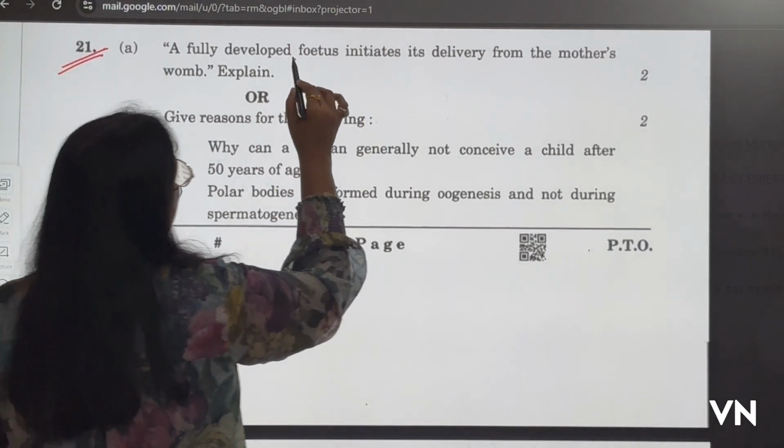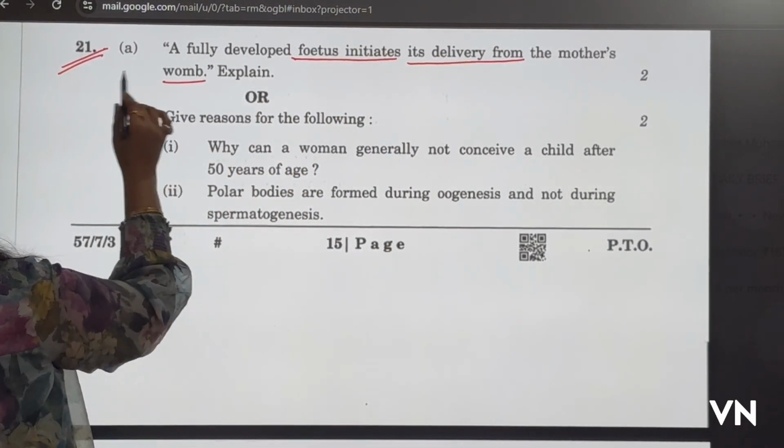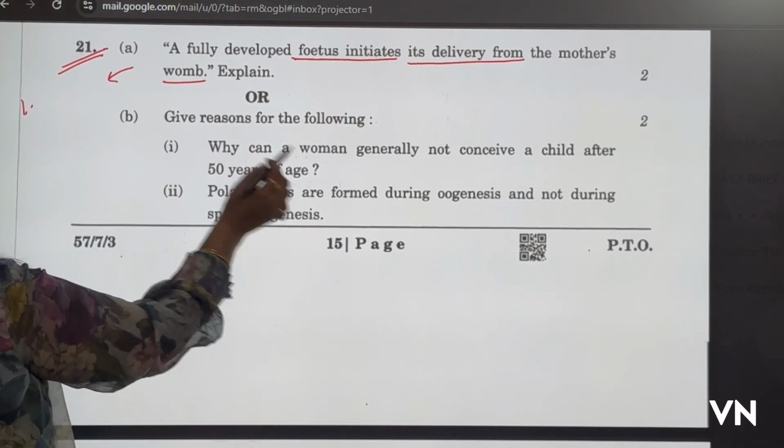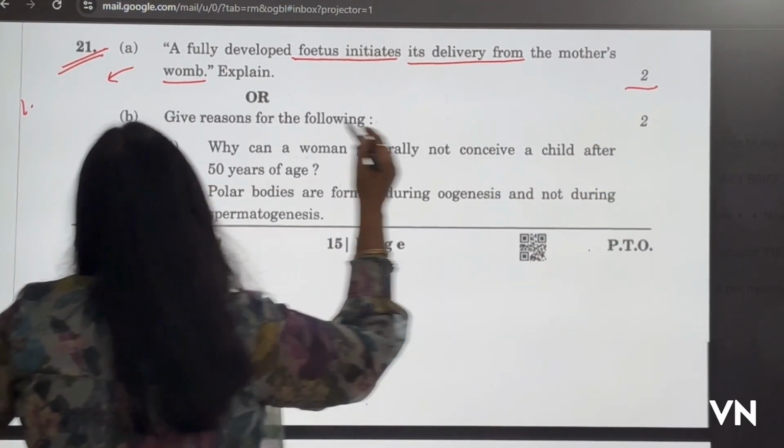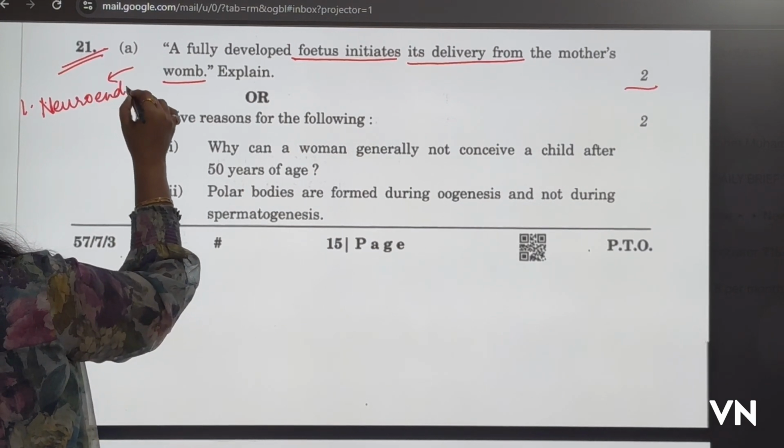A fully developed fetus initiates its delivery from the mother's womb. Explain. It is a 2 marks question, so you have to give 4 points. First, neuroendocrine mechanism.